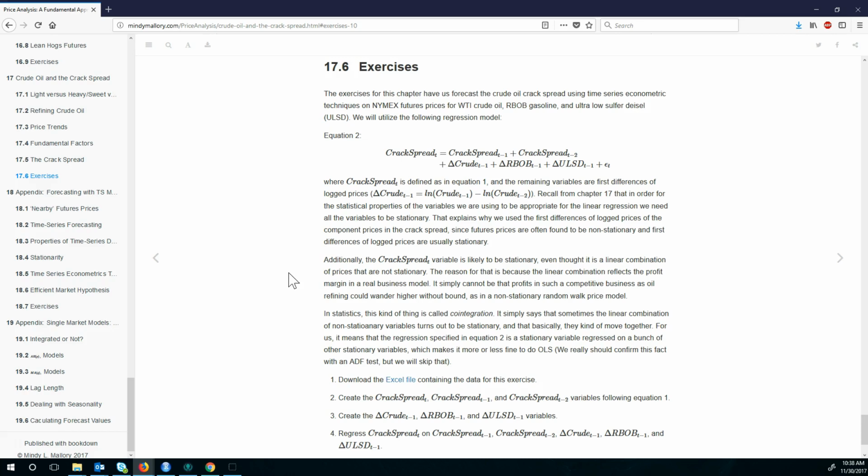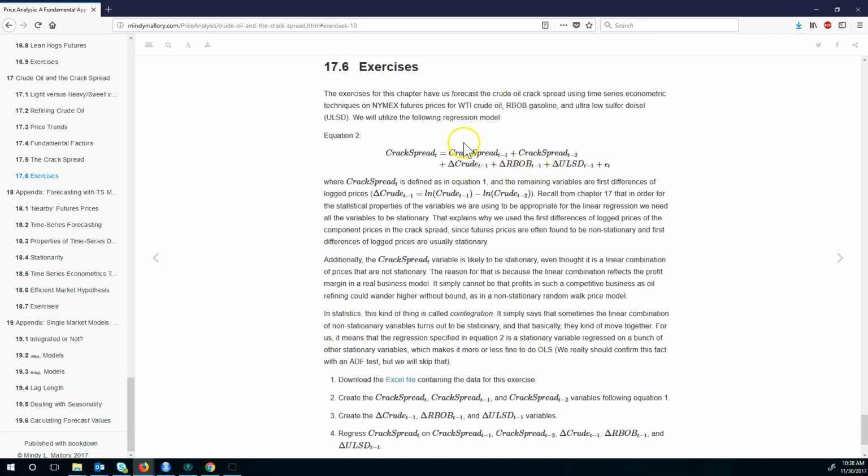If we tried to regress a non-stationary variable on another non-stationary variable, the t-test will tell us that it is absolutely very statistically significant when it's really just a spurious relationship, and there may or may not be anything to that correlation that we detected. So that same logic applies here, and that explains why we're using logged changes of prices here for the component prices in the crack spread.